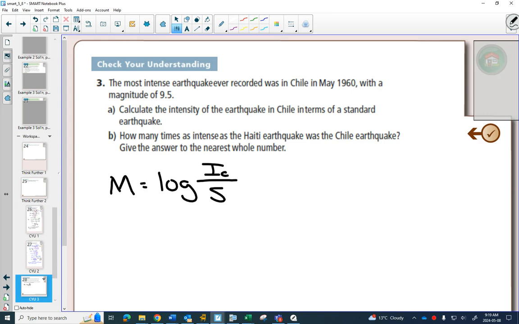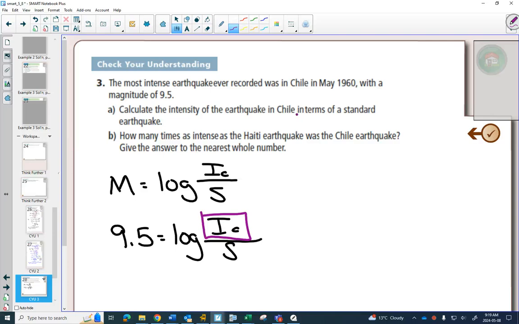So this intensity of Chile has a magnitude of 9.5, so we put 9.5 in for the M. And we want to solve for this intensity. It says calculate the intensity in terms of the standard earthquake. So that means our answer is going to have the S in the end. So whenever something says in terms of, that means that's going to be on the right-hand side of your equation in the end. So we've seen that before.